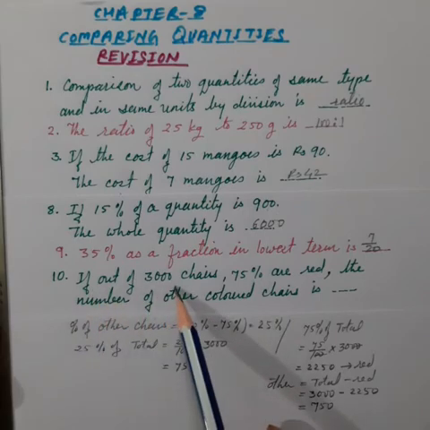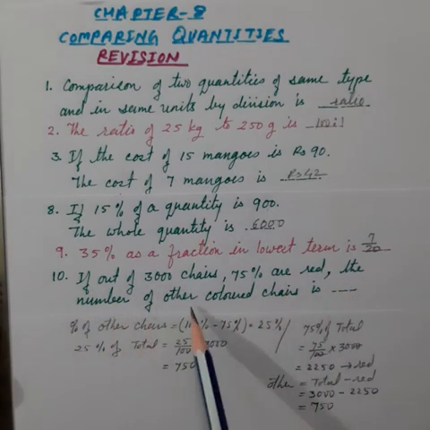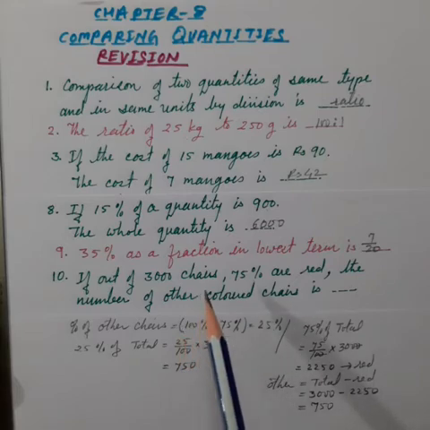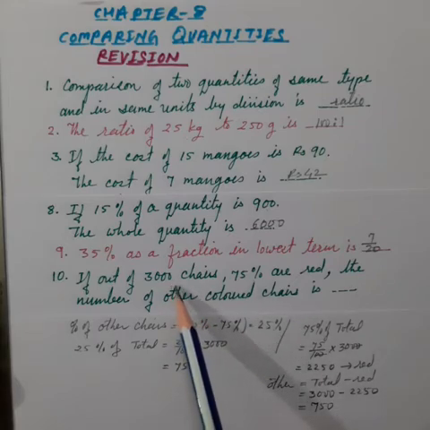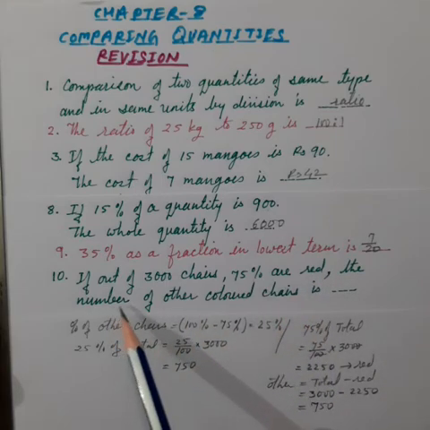If out of 3000 chairs, 75% are red, the number of other colored chairs is what? Always the whole quantity is taken as 100%. And out of these 3000 chairs, 75% are red. So other colored chairs are 25%.